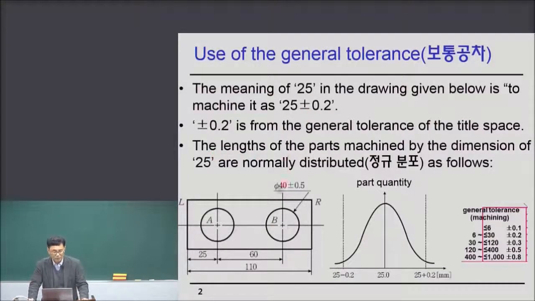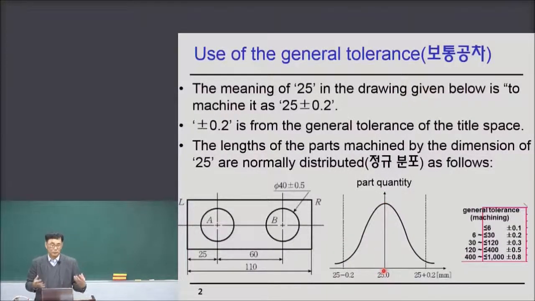So the length of the parts machined by the dimension 25 is normally distributed as follows, and the average is 25.0.